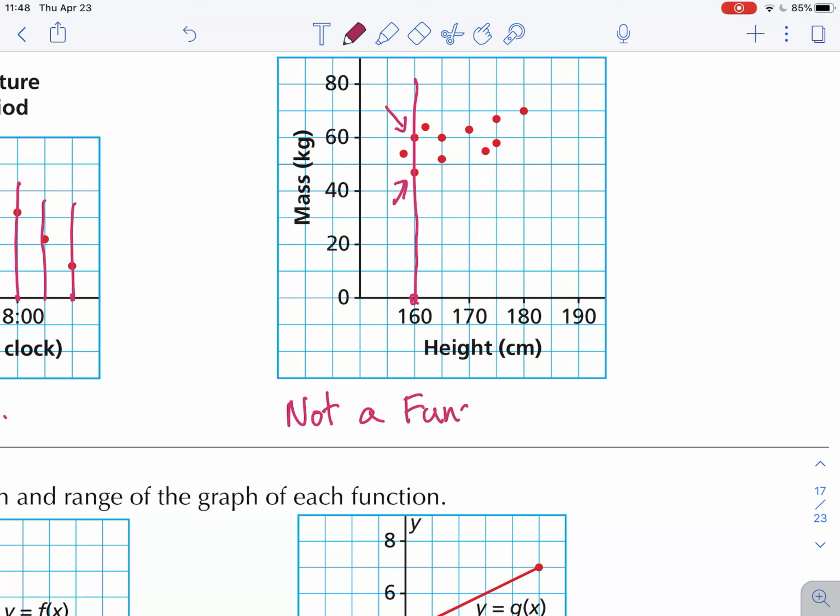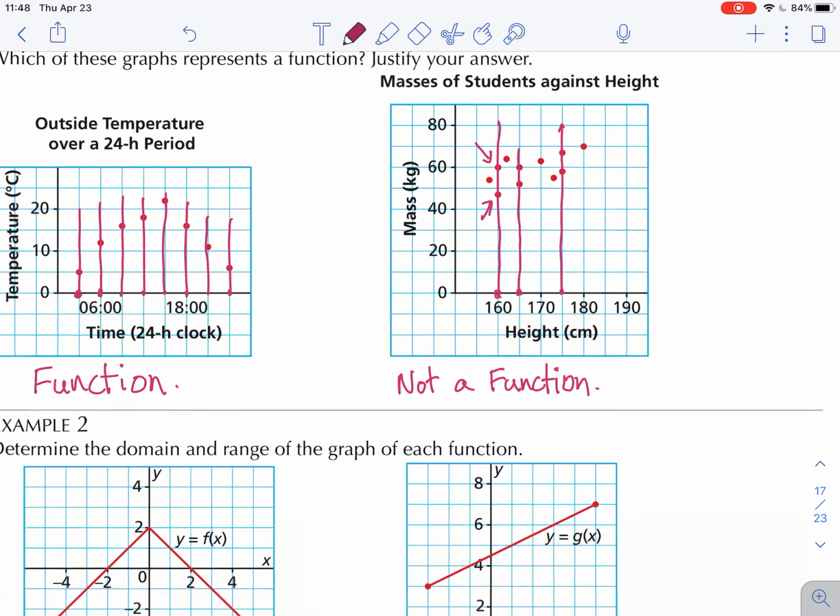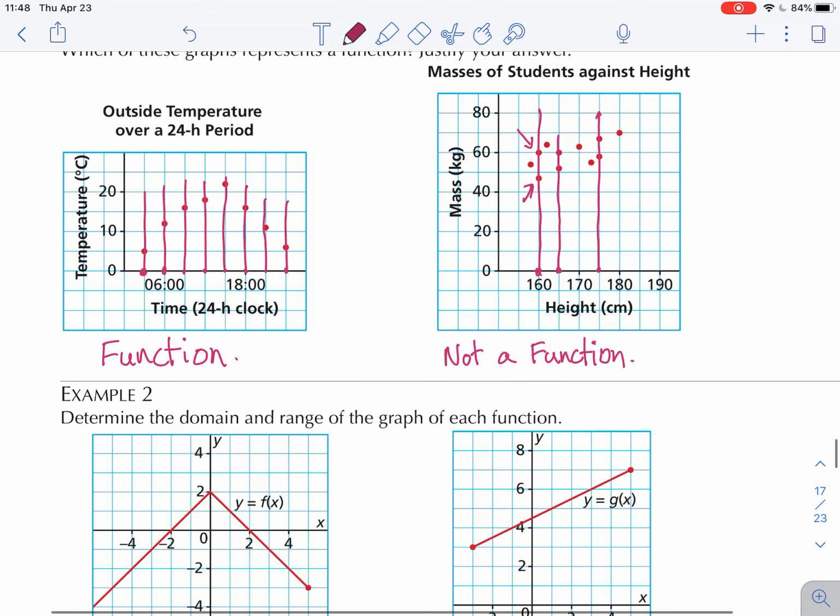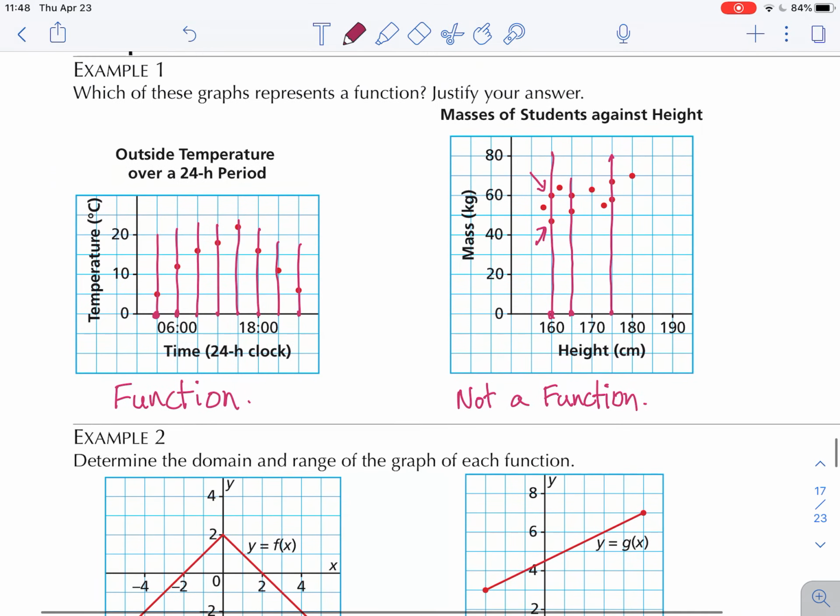Therefore, this is not a function. There's a couple other places where a domain value has more than one range value, for instance, right here and right here. But all you need is one. And if you have one, then it is not a function.